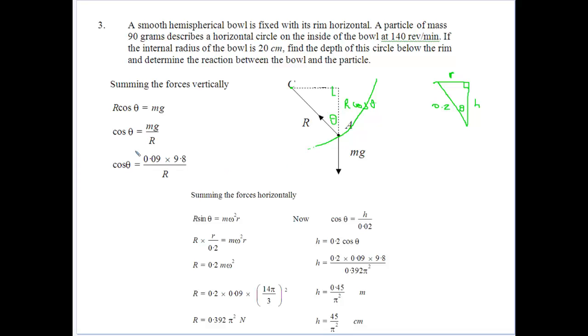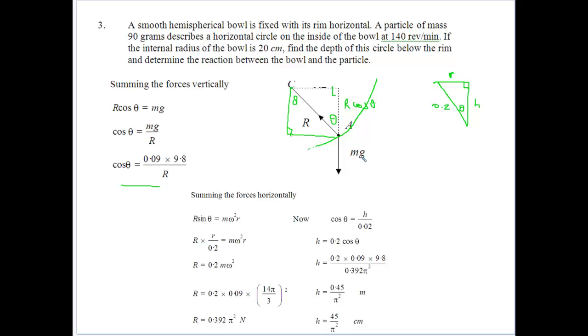If you're wondering where the theta comes from, theta would normally be there, because that's the angle going from the center, and so that would be alternate. Cos theta could be written as m times g on r, and we know mass, we know the gravity, and we've got r there. So we've got cos theta is equal to that.